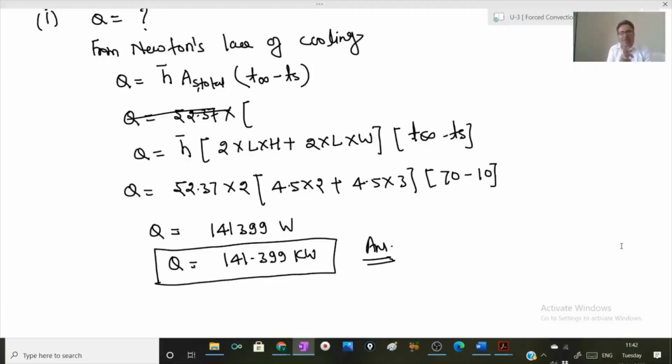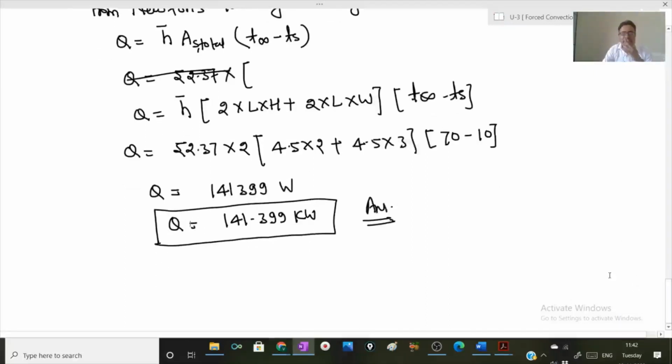But in the problem, it is mentioned to neglect the heat transfer from front and back. That is why I have not considered that surface area. If it is not mentioned in the problem, you can take it, no issue.